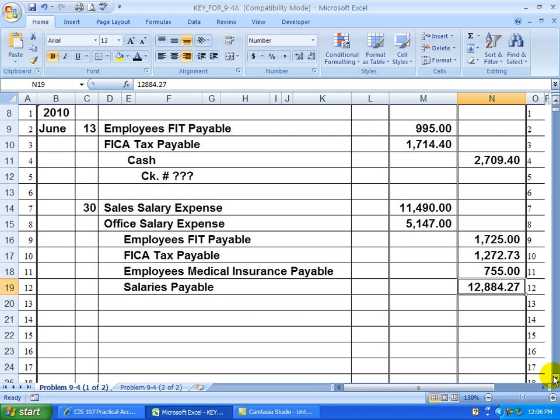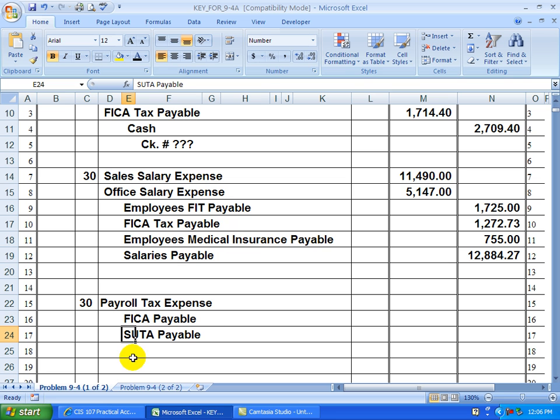On the 30th, we're going to record the payroll tax, and so there's an extra line here, don't worry about it. On the 30th, then we're going to debit payroll tax expense, and we're going to credit FICA tax. We're going to credit state unemployment tax. We're also going to credit federal unemployment tax. So this is all based on the taxable earnings.